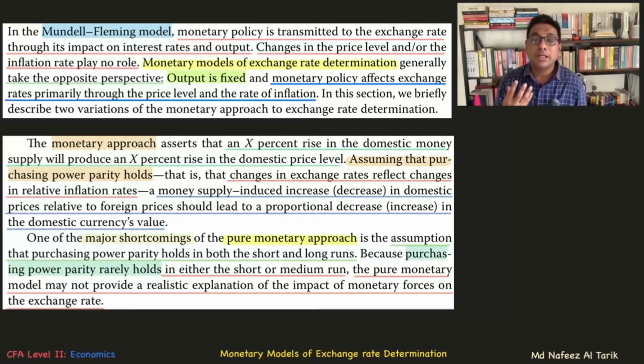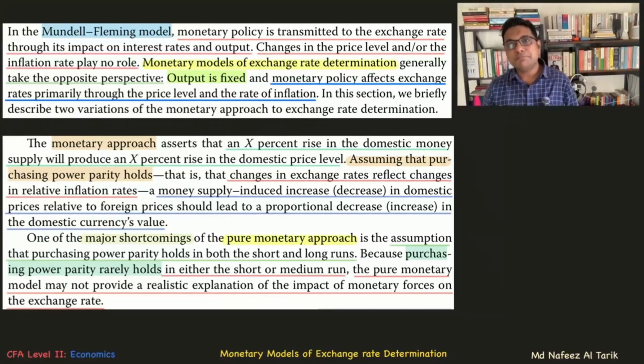As we remember, in the purchasing power parity model, changes in the exchange rate are explained by the inflation differential between two countries. So assuming purchasing power parity holds, a money supply induced increase in domestic prices relative to foreign prices should lead to proportional depreciation in the domestic currency's value.